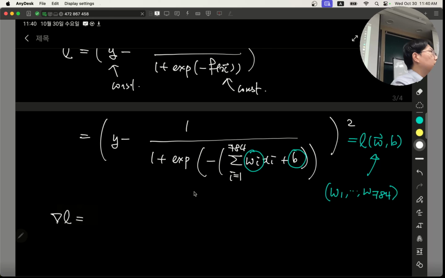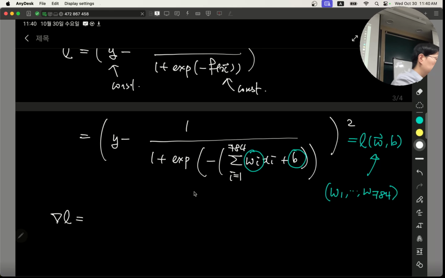You can consider that as a vector, or since L is a real valued function, what did we say about the differential of a real valued function? It's a column vector, right? It's a 784 to 1 function, so it has 784 rows and 1 column.